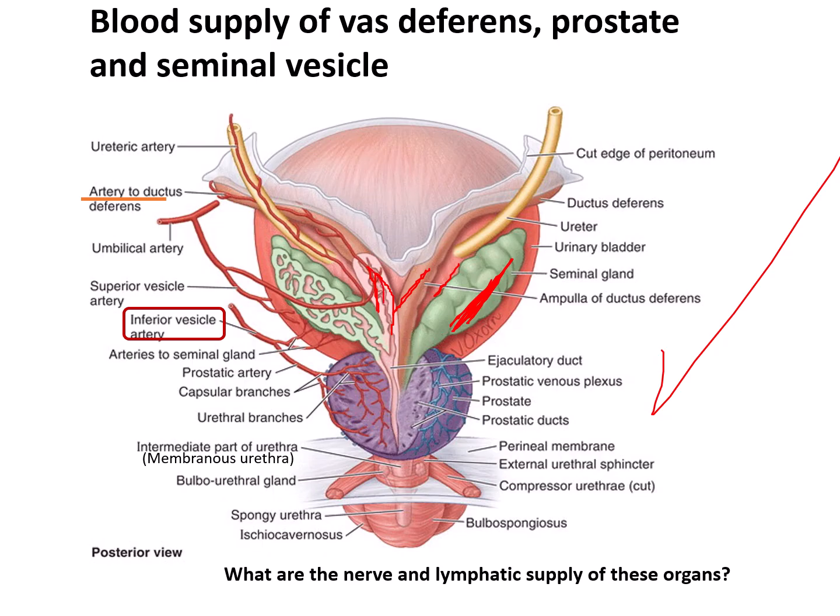The main artery supplying the vas, seminal vesicle, and the prostate is the inferior vesical artery, which branches from the internal iliac. The prostate may receive additional branches from the middle rectal artery, for example, and also may receive branches from the superior vesical artery if it's too long.